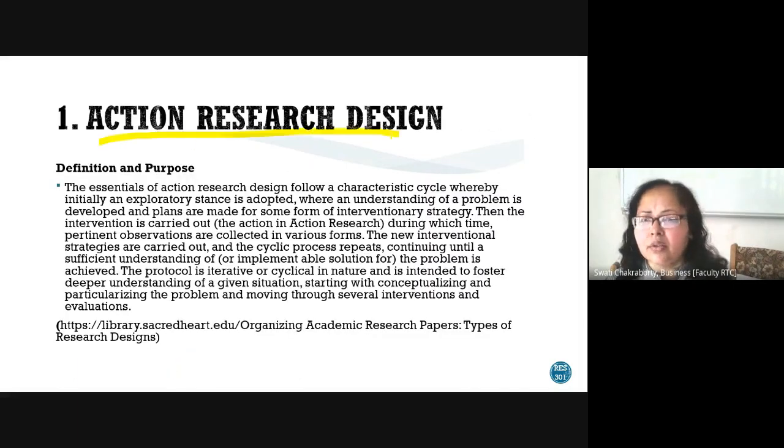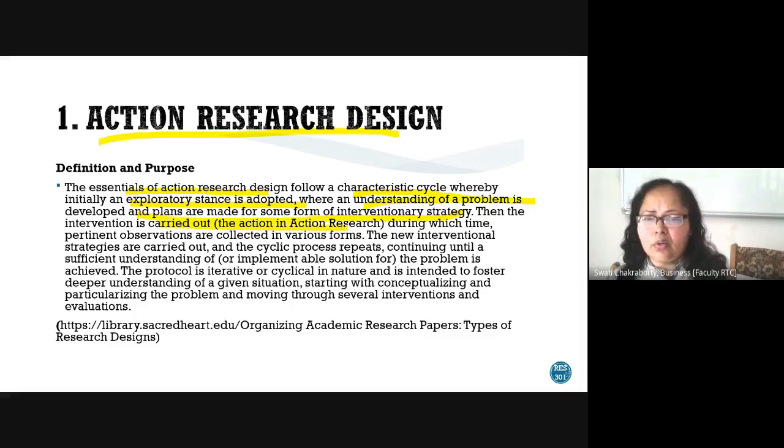First is action research design, where the essentials are that they follow a particular characteristic cycle. Initially an exploratory stance is observed, where you understand the problem, and then plans are made as to how to go for an interventionary strategy. Then the intervention happens, the action is carried out, during which pertinent observations are collected in various forms.